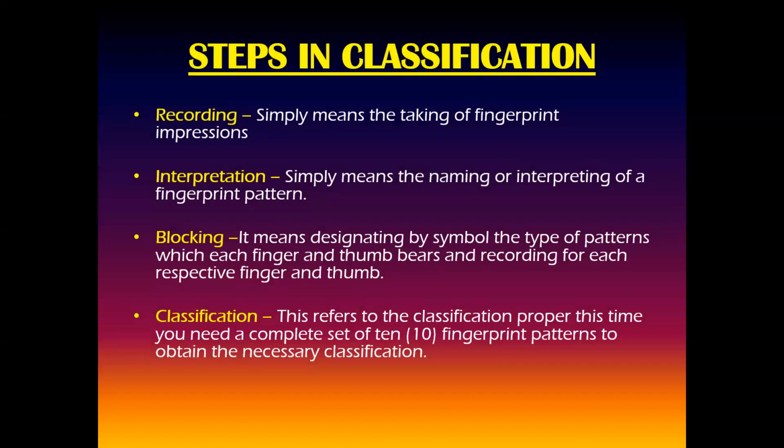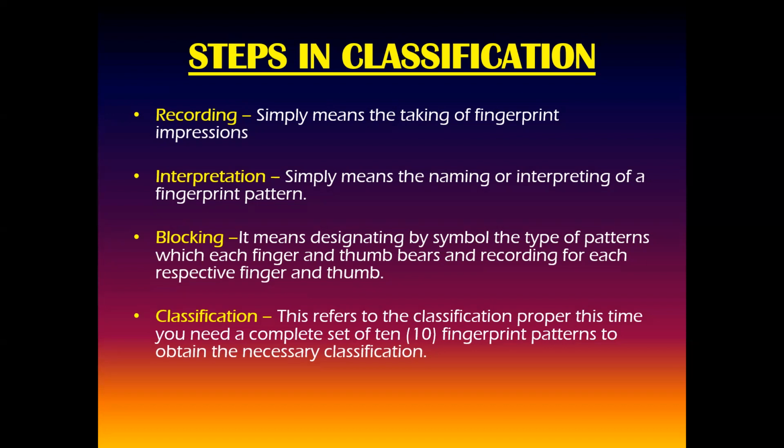So the steps in the classification, there are four basic steps. First, recording. Recording is the process from which you obtain the fingerprint impression of a person and record it in the fingerprint card.